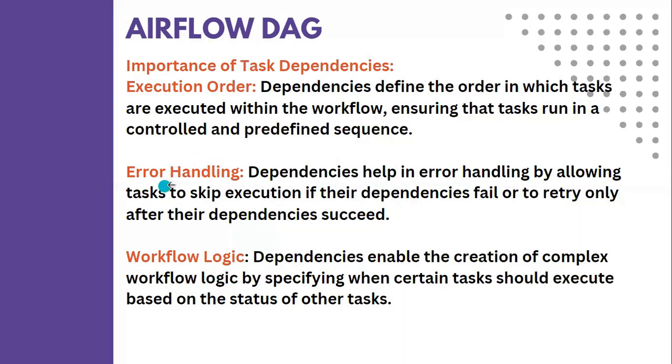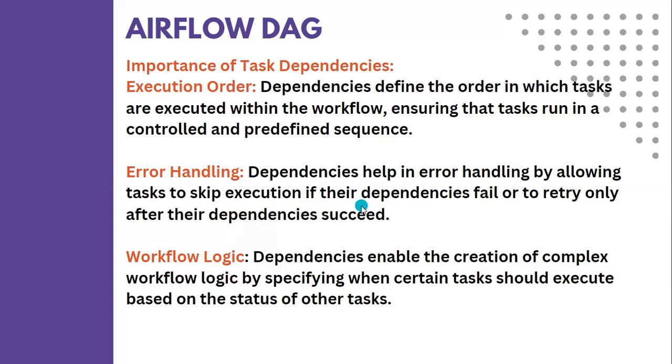Very important. They are also useful for error handling, by allowing tasks to skip execution sometimes. You can even use the ShortCircuitOperator or BranchPythonOperator to skip tasks in order to avoid errors, or you can go for retries if the dependencies fail.